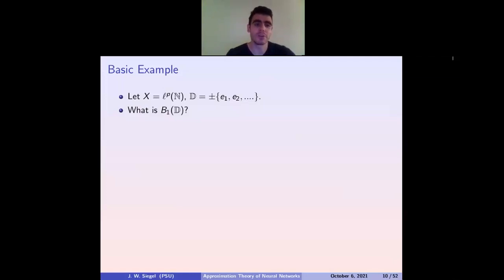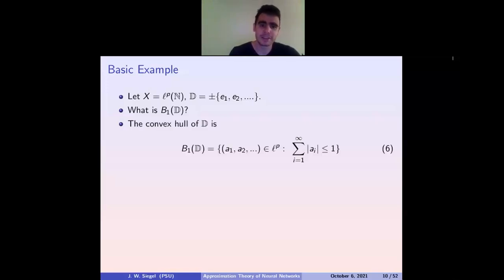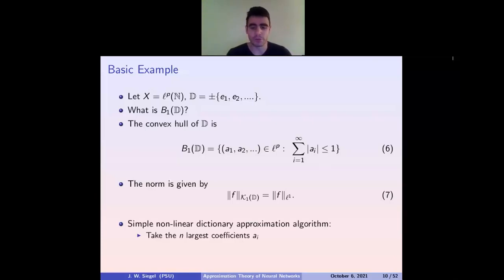Okay, so a very simple example of this is, suppose that we take the sequence space little l^p, and we let our dictionary just be the standard basis of this space. In this case, the convex hull of this standard basis is exactly the unit ball of little l^1, contained in little l^p. Suppose we want to do nonlinear dictionary approximation in this situation.